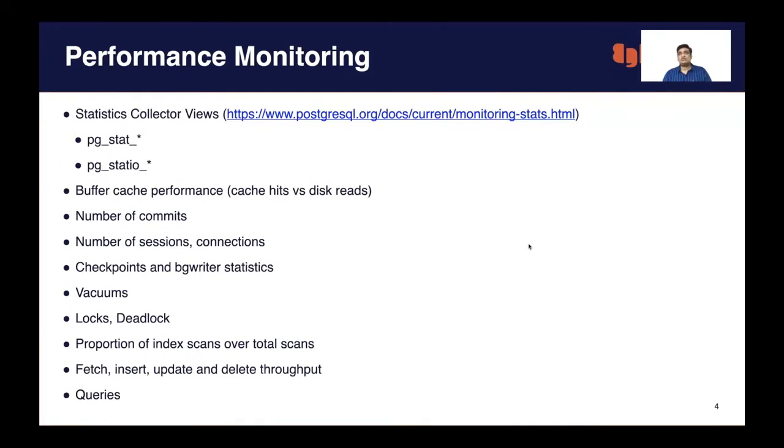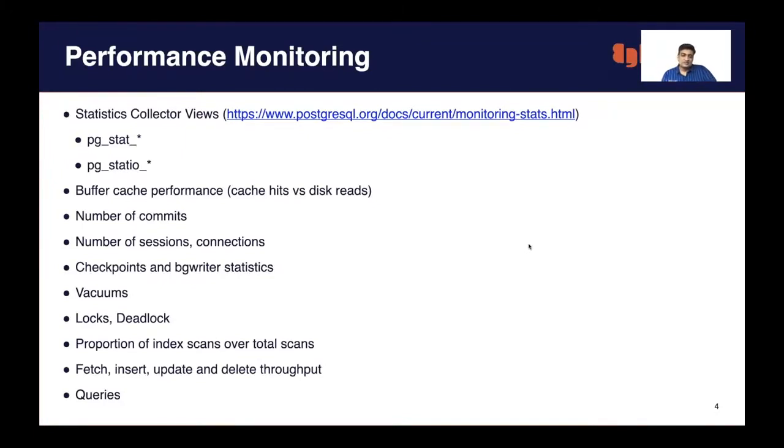You might want to look at how many total scans have happened and how many index scans have happened, so that you understand how many queries are actually using the index and not using sequential scan. Sometimes sequential scans are good, but for a large amount of data you might want to use the index.